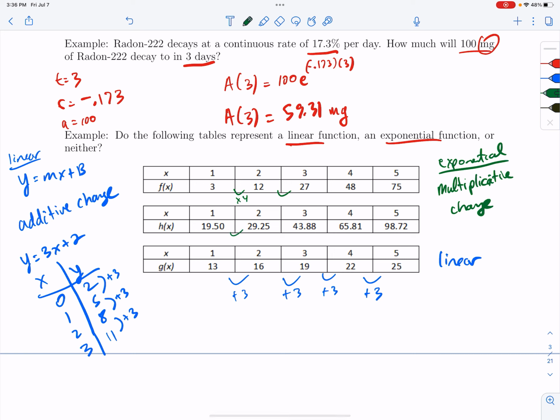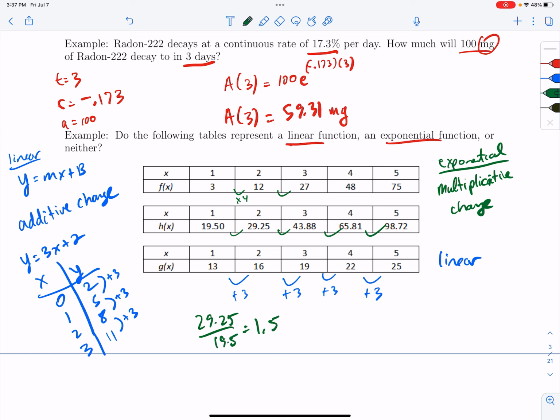Here, it's hard to tell what I'm multiplying by and if it's the same thing each step. So what I can do is divide 29.25 by 19.5, and that'll tell me what I'm multiplying by. And if I do that, I get 1.5. So let's see if each step, if I multiply by 1.5, I get the next value.